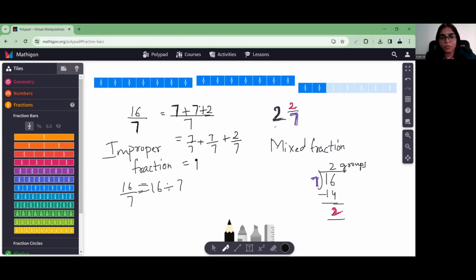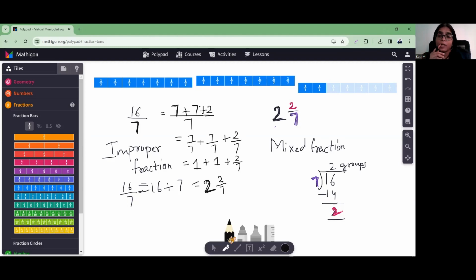7 sevenths means it is one whole. And again 7 sevenths means one whole. And this is one small fraction. So from this also I can write 1 whole plus 1 whole is 2 wholes, and then 2 sevenths. So this is how there are many ways to do the same improper fraction to mixed fraction.